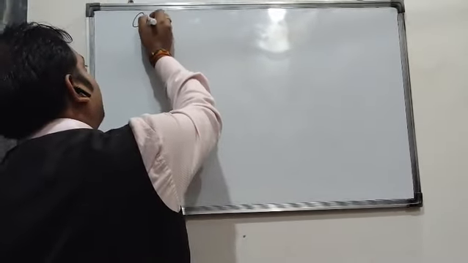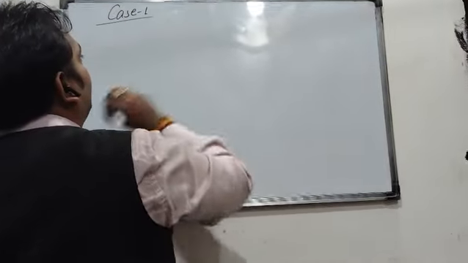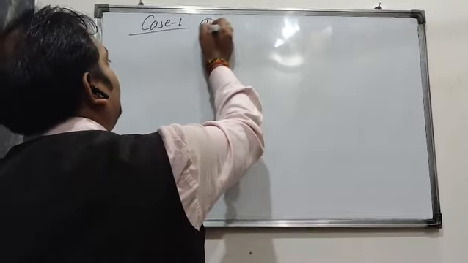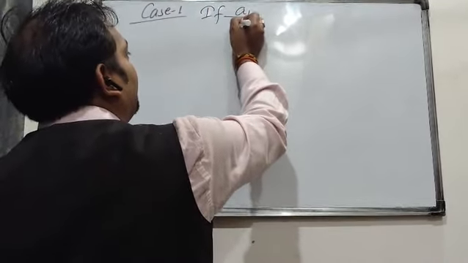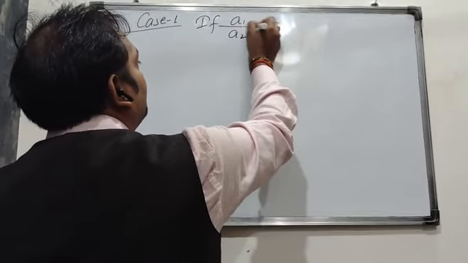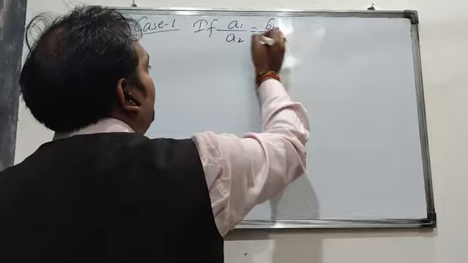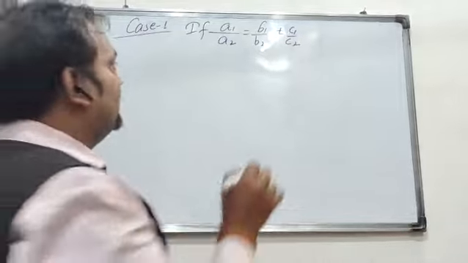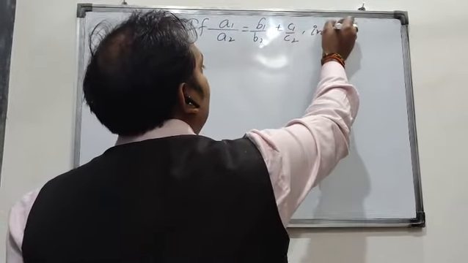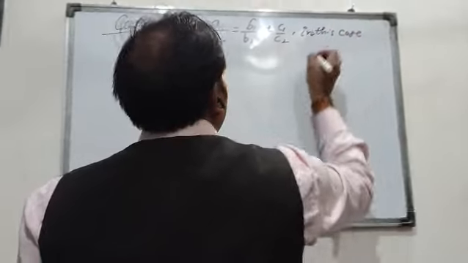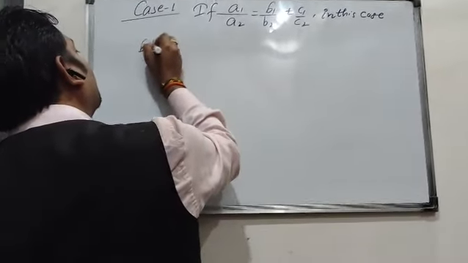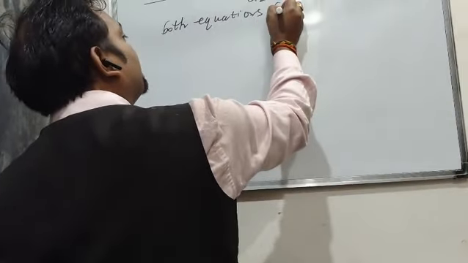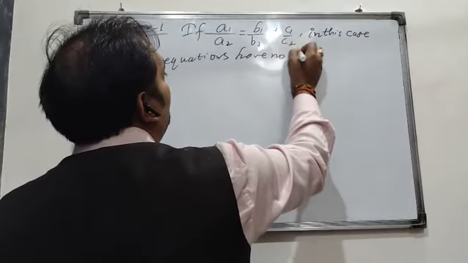Now I am going to discuss case number 1. If a1 upon a2 is equal to b1 upon b2 is not equal to c1 upon c2, in this case both equations have no solution.